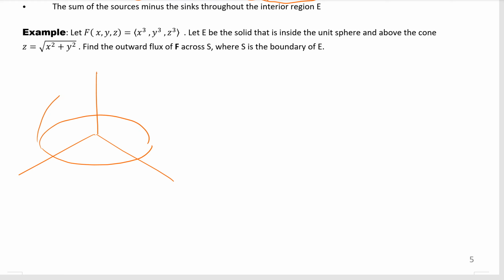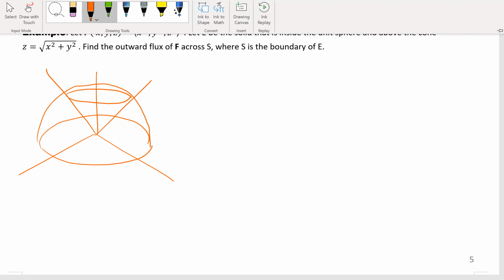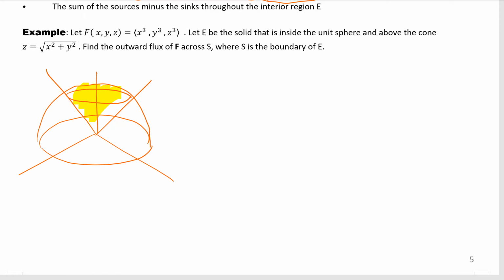So that is 1. And the cone is like that. Let E be the solid inside the unit sphere and above the cone. So that is this region.